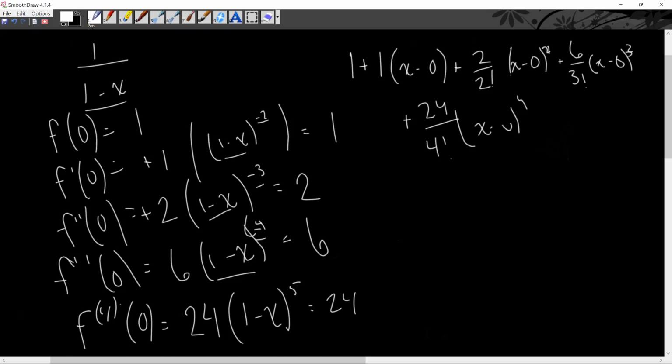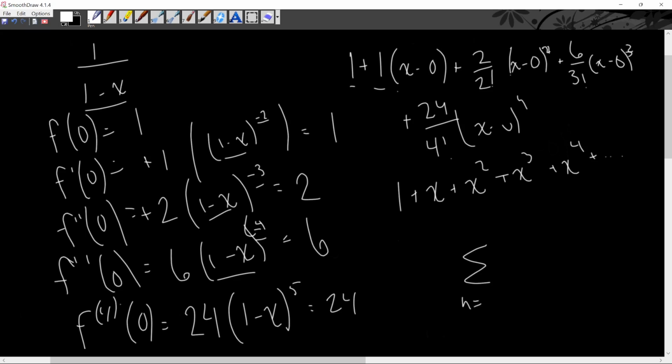And as you can see, this is 1 plus 1 times x, so 1 plus x. And then 2 divided by 2 is 1, so we're going to be left with x squared. And then 3 factorial is 6, so 6 divided by 6 is 1, leaving us with x cubed. And then 4 factorial is 24, leaving us with x to the fourth, and then on and on. This is a nice and simple looking series.